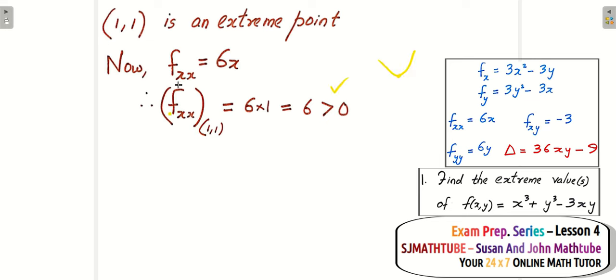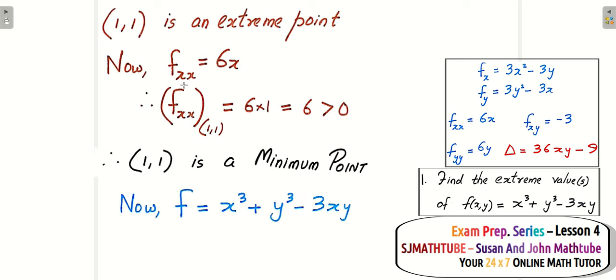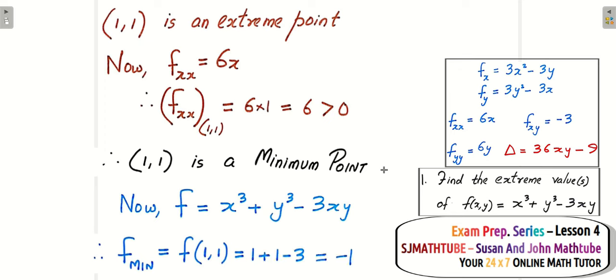The point is a minimum point. Now the last part. For the minimum value, what you do is you just plug in this function, and you get f minimum equal to minus 1.